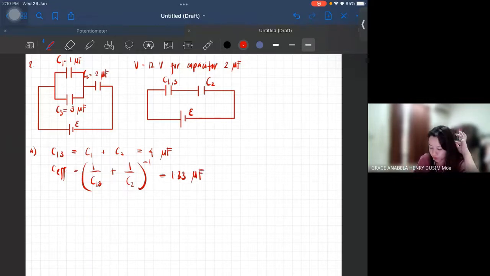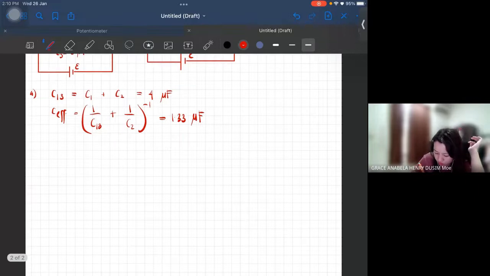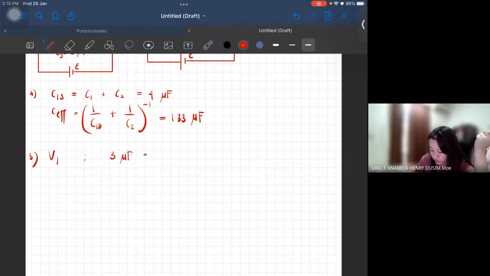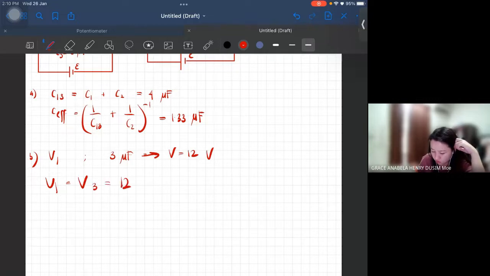Then question B, if it asks for V1, based on the question before the correction, it said 3 microfarad has V of 12 volt. Supposedly, since they are in parallel, they should be equal, so it should be 12 volt.